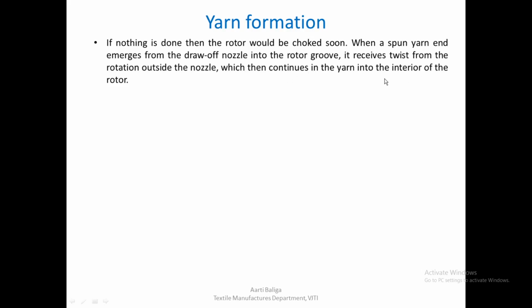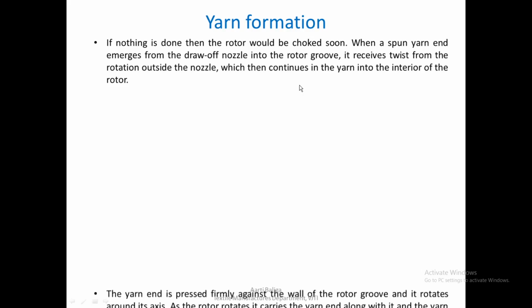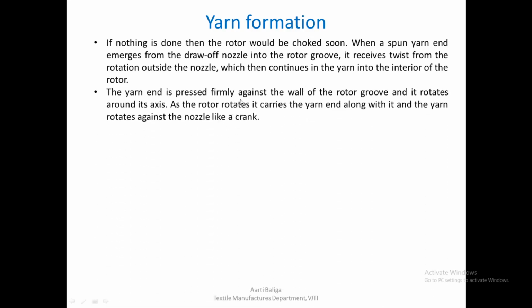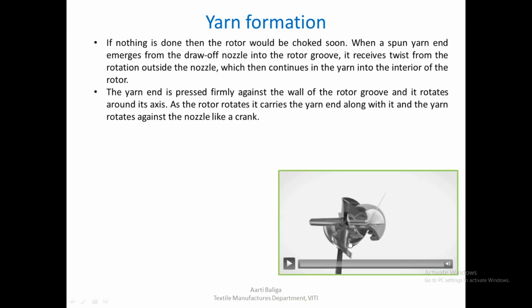To a certain length, the twist enters into the fibers that are deposited. The yarn end is firmly pressed against the wall of the rotor groove and it rotates around its axis. As we saw in the video, it rotates like a crank. As the rotor rotates, it carries the yarn end along with it, and the yarn rotates against the nozzle like a crank, which is seen here.